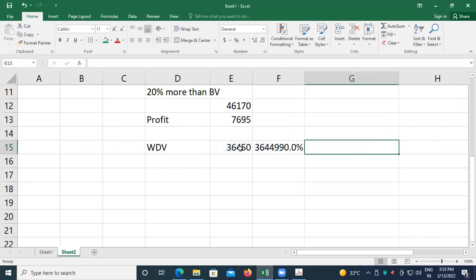That is what they told here. It means 3645 is the loss. Okay, if you convert into this total value, 3645. So now the total value of the loss is nothing but 3645.